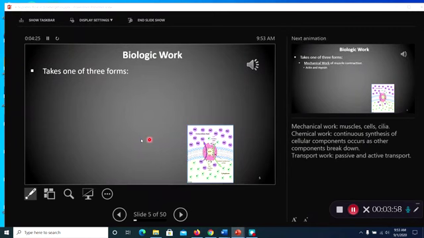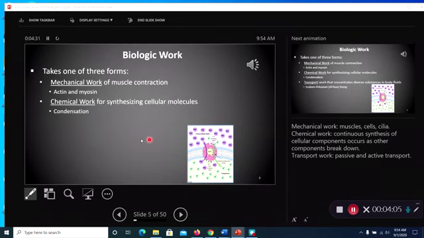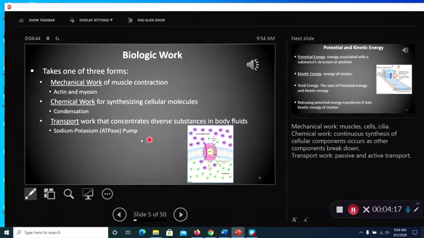Biologic work really takes one of about 3 forms. One is mechanical work, which we highlighted before, and that's actin and myosin having their cross bridges to produce a muscle contraction. There's chemical work for synthesizing cellular molecules, for instance, condensation. There's transport work as well that concentrates diverse substances in body fluids.